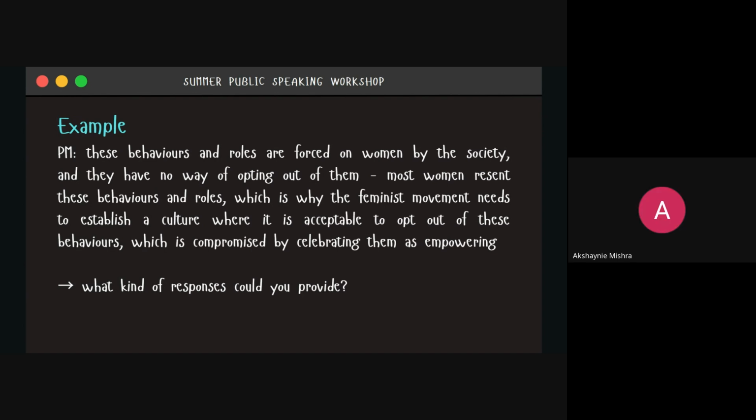Can we say that the proposition, by saying that most women resent these behaviors and roles, is converting feminism into a unidimensional concept rather than a multidimensional concept? Your voice is cracking. Could you repeat it? Could you type it out? Yeah, sure.